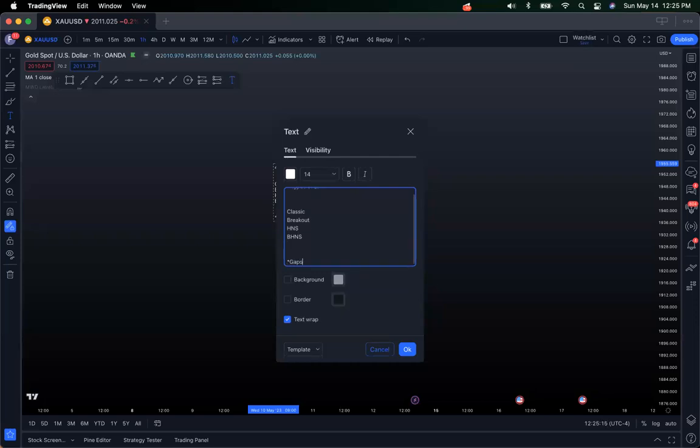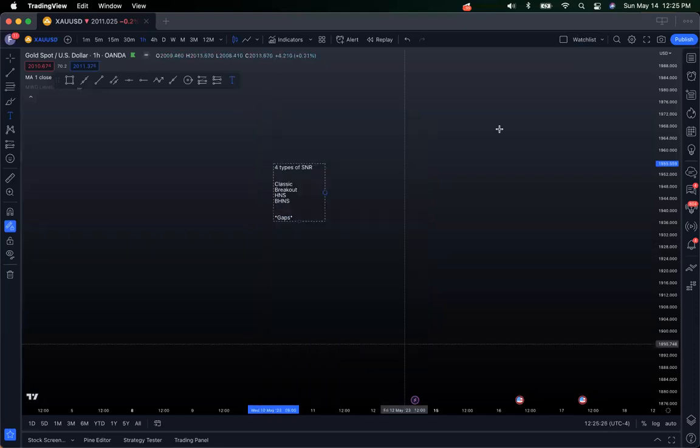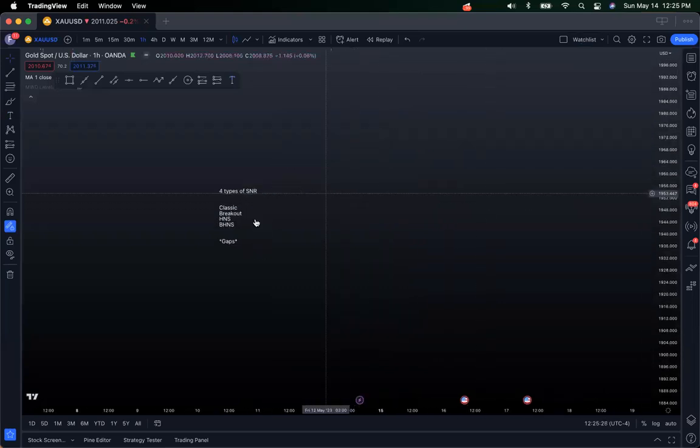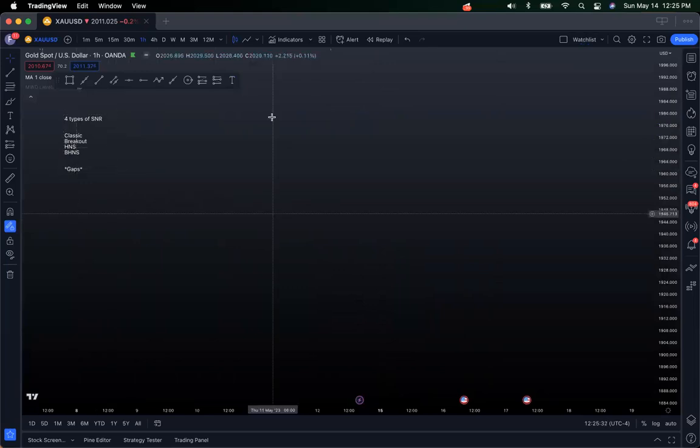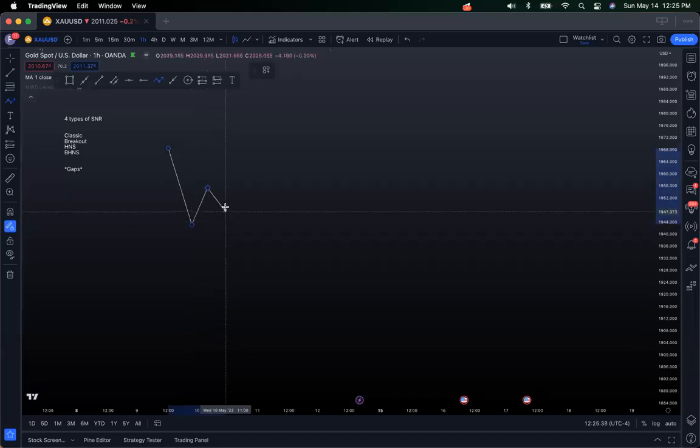Gaps are going to come later. This needs a lesson of its own, and that will be next week. So the first type of SNR is going to be classic SNR.